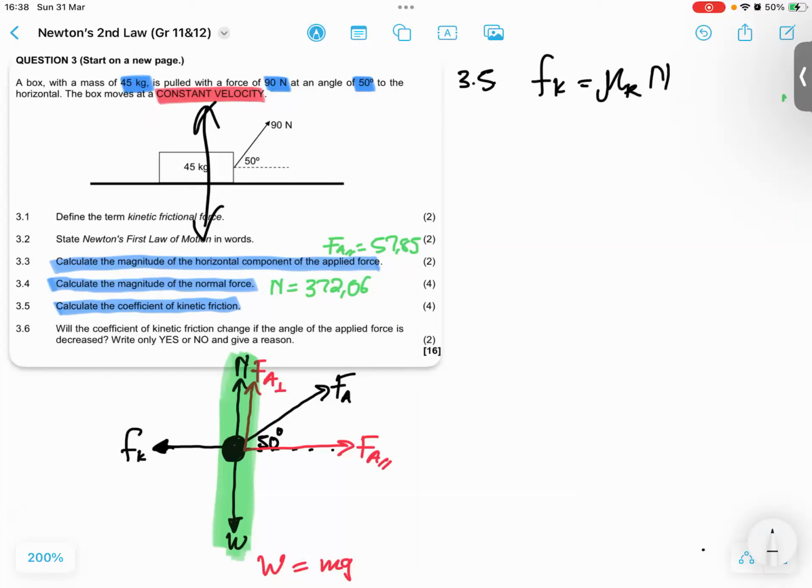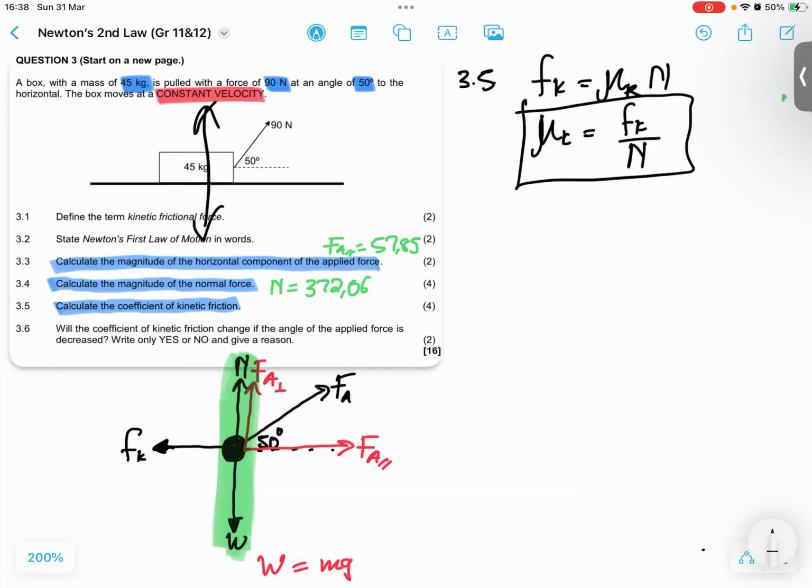So that means that for us to be able to calculate the coefficient of kinetic friction, we need kinetic friction, and then we also need the normal force, because if you now make the coefficient of kinetic friction the subject of the formula, you're going to divide both sides by the normal force, and then therefore you will have the coefficient of kinetic friction is equal to Fk, which is the kinetic friction, over the normal force.